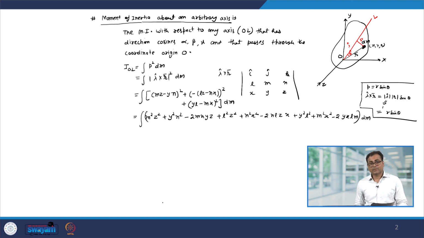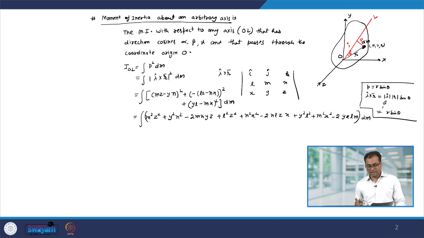Now, let us collect the coefficients of L square, M square, N square and note that L, M and N are constant. So, we can take them outside the integral because the orientation of OL is fixed.